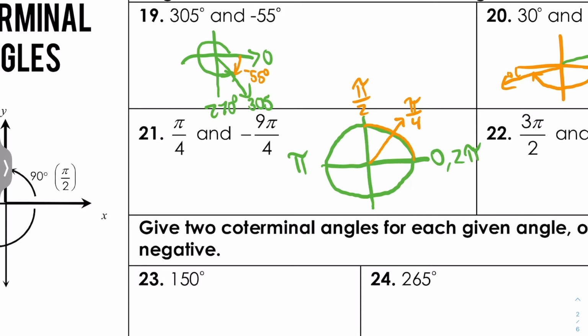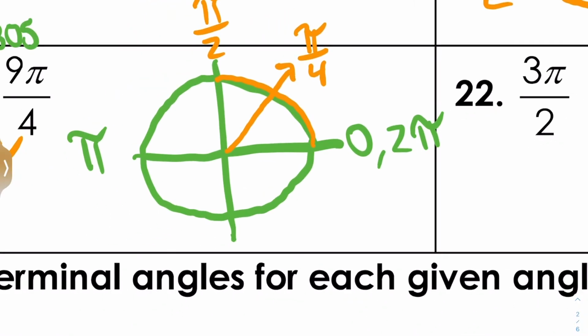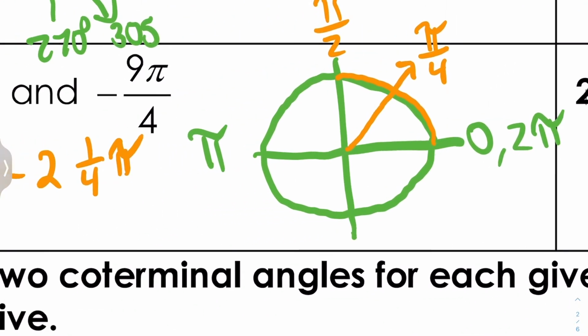Negative 9 pi over 4. Okay, that's a big negative. Let's just convert that to a mixed number real quick. 4 fits in a 9 2 times, and then that would leave you with 1/4 of pi left over. According to this, 2 pi's makes a full circle.